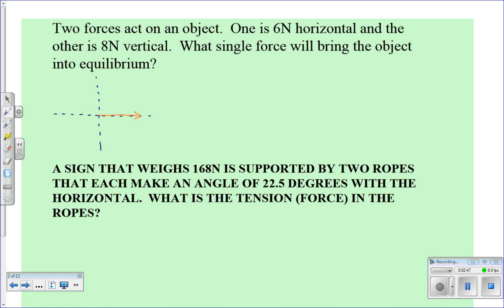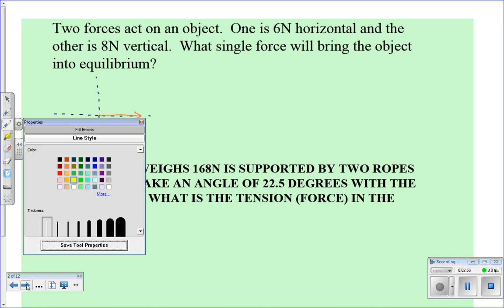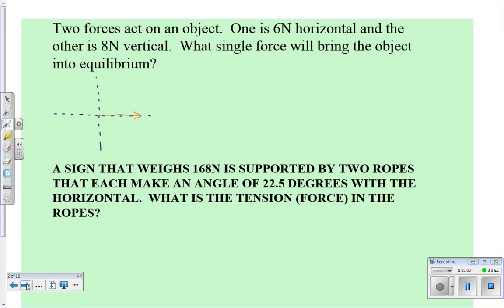We'll draw it this direction because it doesn't say negative 6 newtons, so we'll have it pointing in the positive direction. And then we have an 8 Newton force vertically. Again, we'll draw it straight up because it says positive 8. So this is 6 newtons. This is 8 newtons.